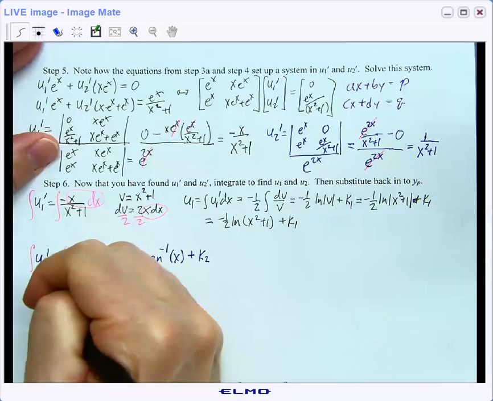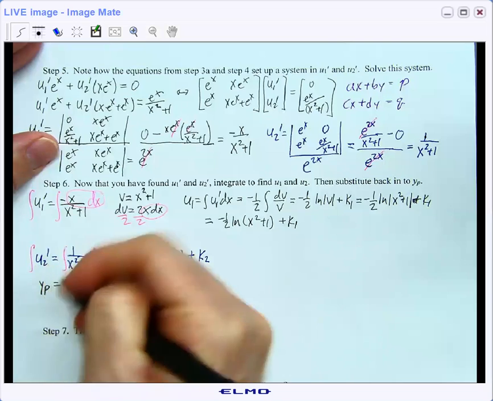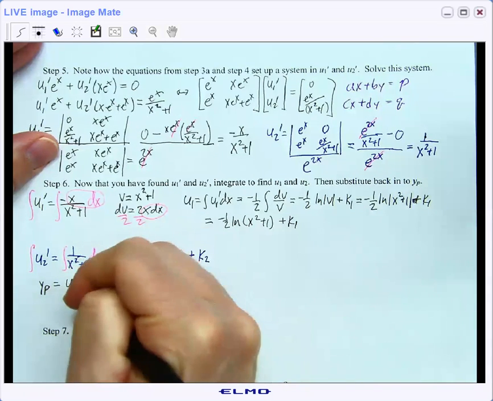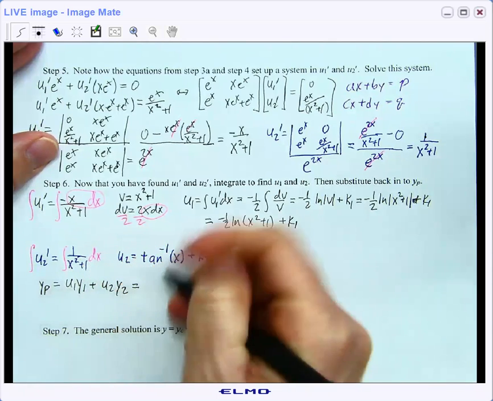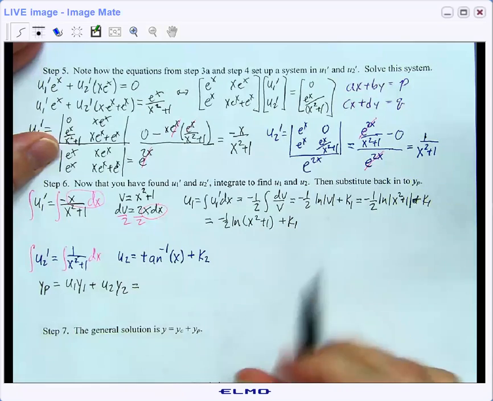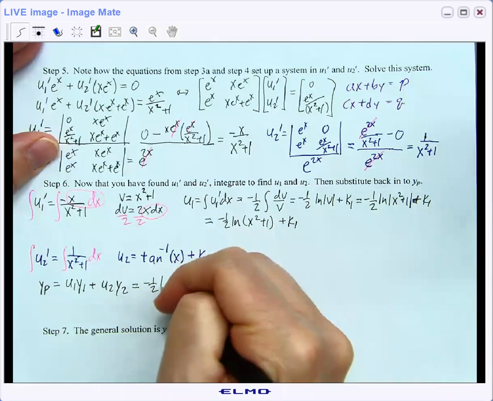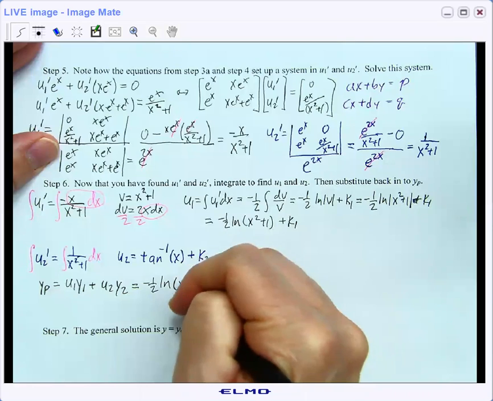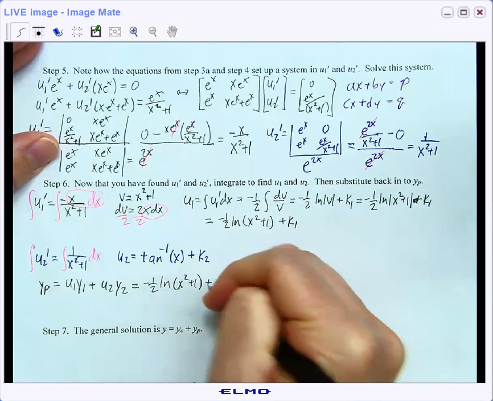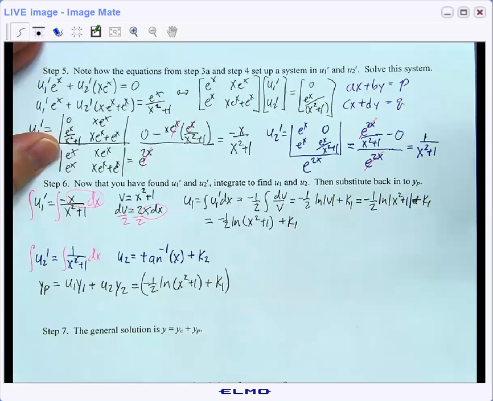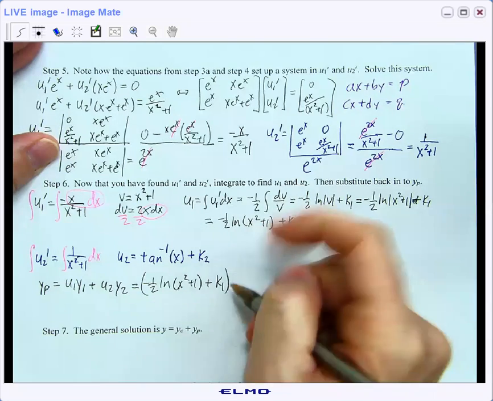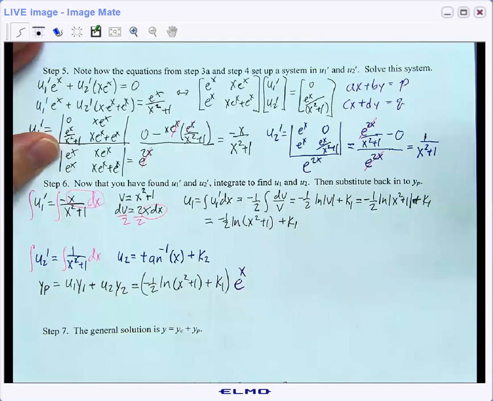Therefore, our particular solution is going to be u1 y1 plus u2 y2, which is going to be u1, which we found to be negative 1/2 natural log of x squared plus 1 plus some constant, times y1, which we remember from the previous page. y1 was e to the x.